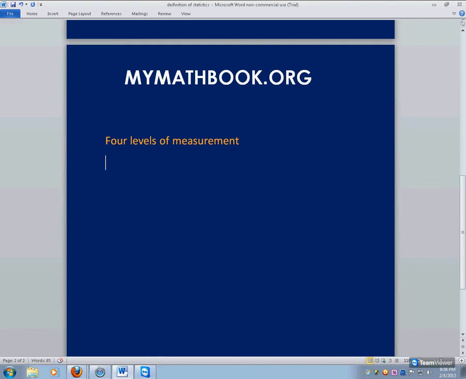Okay, the 4 levels of measurement that we know of are: the nominal level, this one will be the ordinal level of measurement, the third one, interval level of measurement, and the last one is going to be the ratio level of measurement.